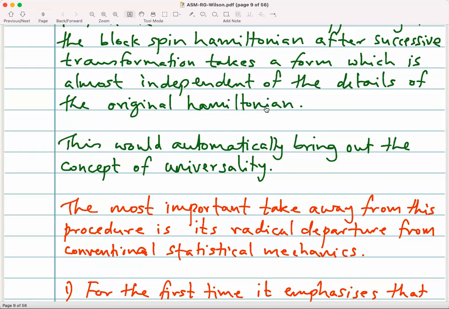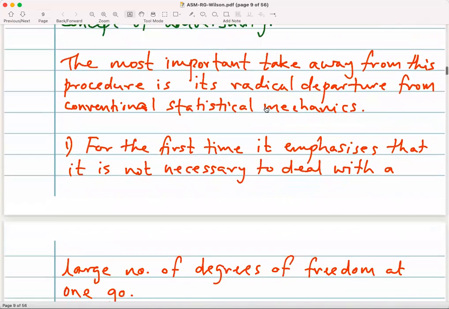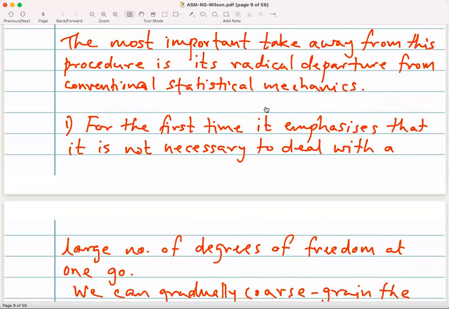In fact, what you can do is look at the system by successive block spin transformations and look at a finite number of degrees of freedom, and ask how those finite degrees of freedom would behave, and you would still be able to explain the statistical mechanics of the large number of microscopic degrees of freedom.